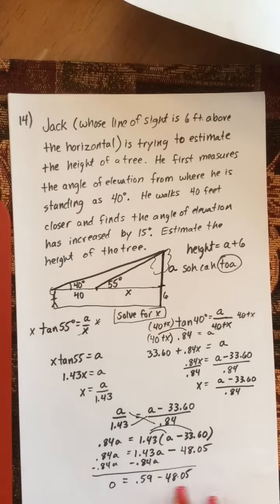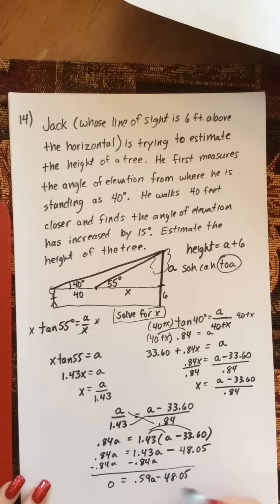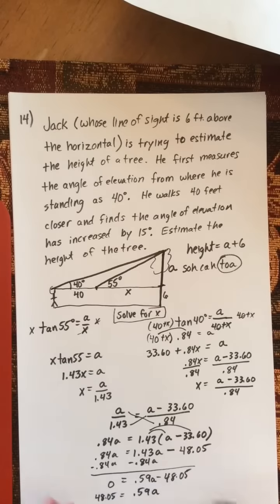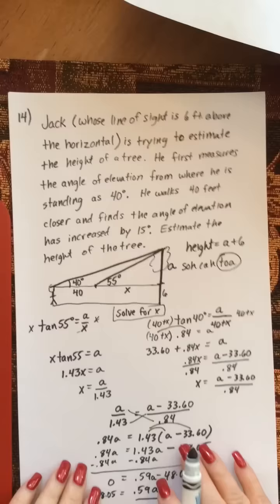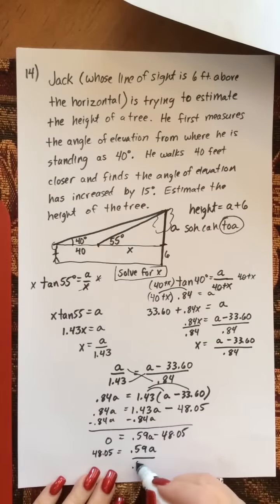So what I'm going to do is move this number to the other side, so I get 48.05 is equal to 0.59a. Remember, I'm trying to solve for a, so I just divide both sides by 0.59.